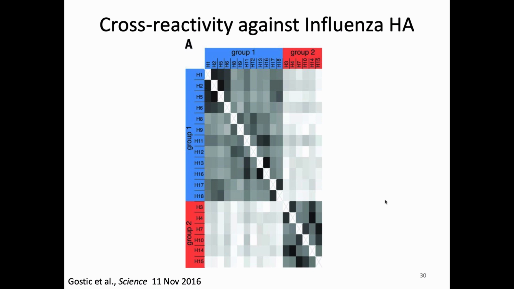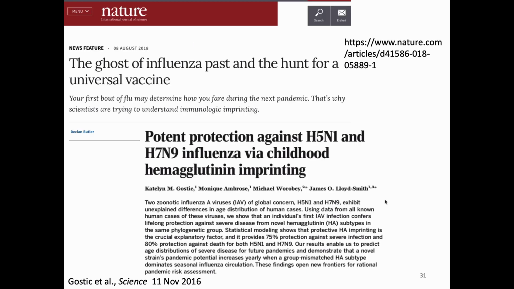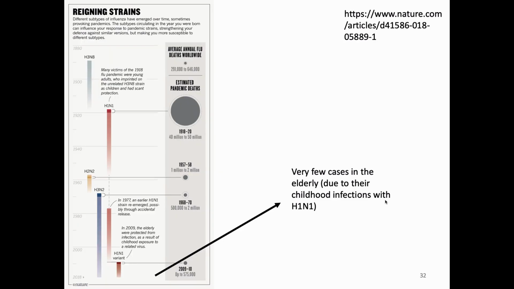What that actually seems to mean, we spend a lot of time now thinking about the ghost of influenza past, is that depending on what flu you had as your first flu, there's a big difference in what's going to happen. And just to show it, one of the first things people realized was that in 2009, way fewer people died of swine flu.